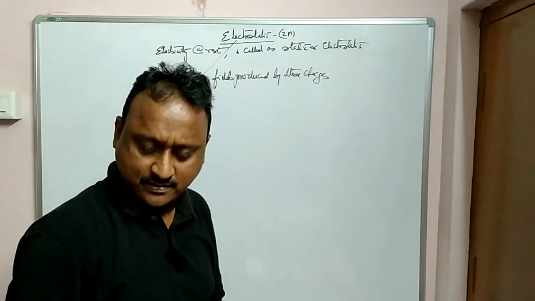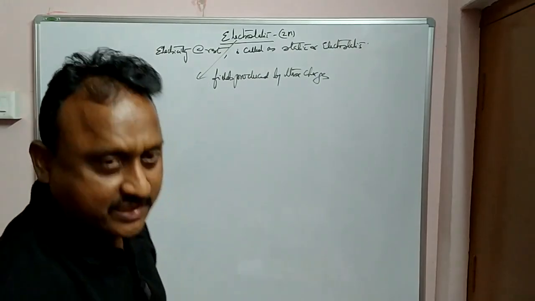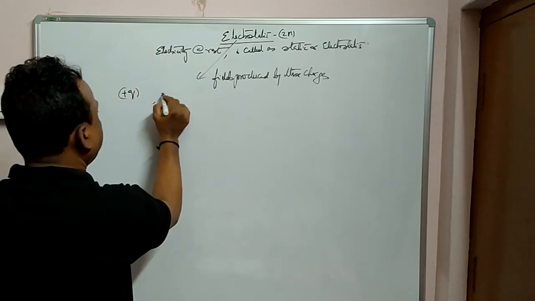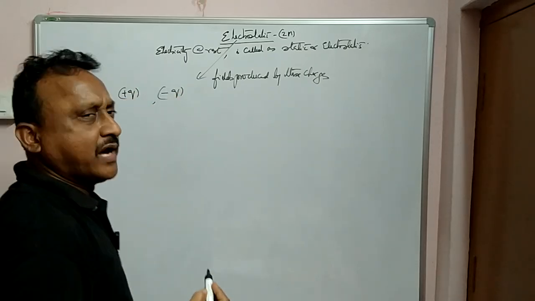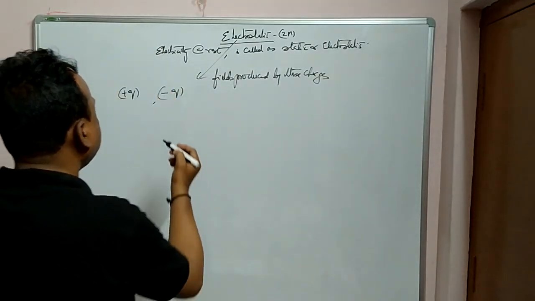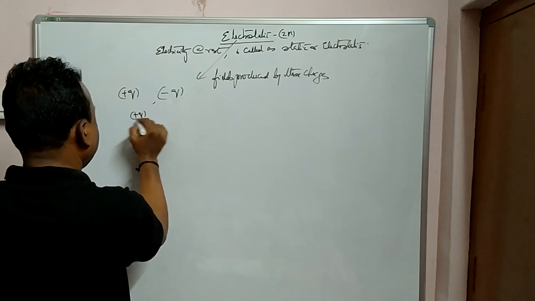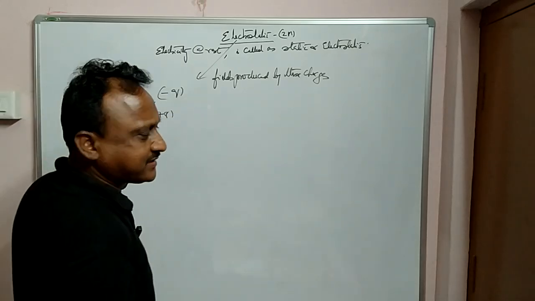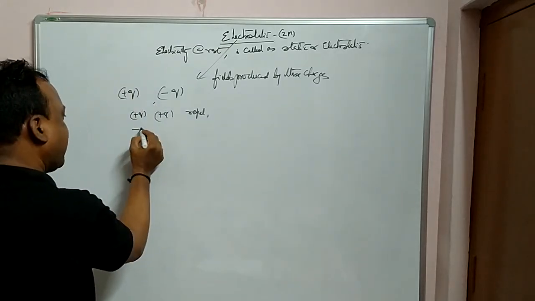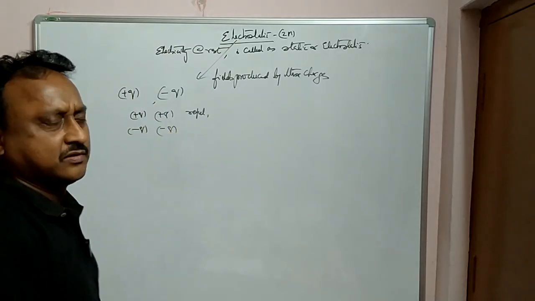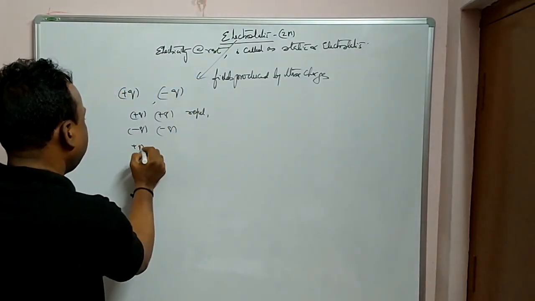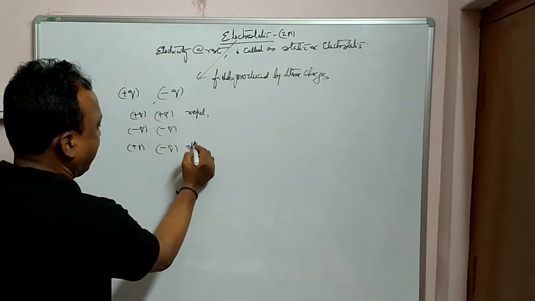So first, let us see how charges are represented generally. We have positive charge and negative charge. We all know that like charges, two plusses or two minuses, will repel each other, and unlike charges, one plus and one minus, will attract each other.